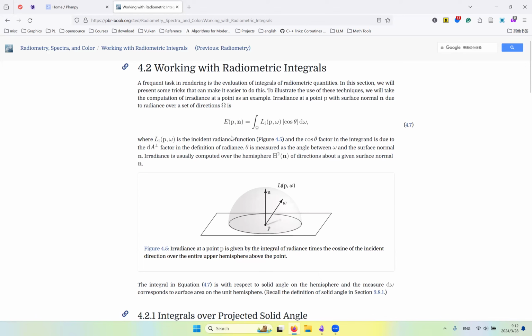And so we have this integral, which is the incident radiance from a point and angle, times a cosine term.